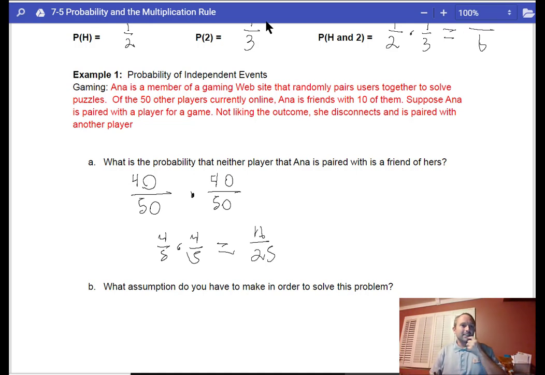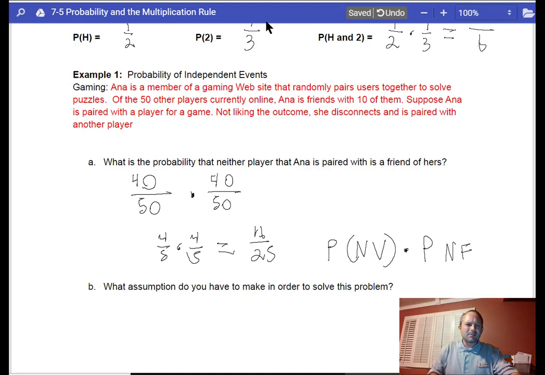That is the probability. 16/25 would be the probability of P not friend twice. So it's P not friend times P not friend. Oops, I spelled friend wrong.